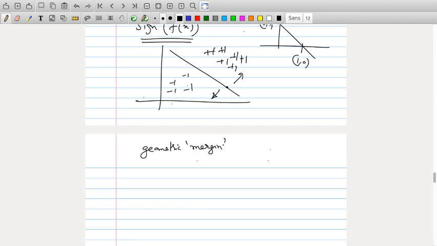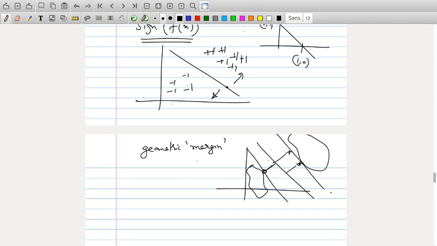In 2 dimensions, let's say there's a point here and a point there; all I want to know is this distance, the perpendicular distance. And let's say there are a bunch of other points here. Maybe these are the closest, and the margin is going to be determined by the closest point to this hyperplane. So this is called the margin.